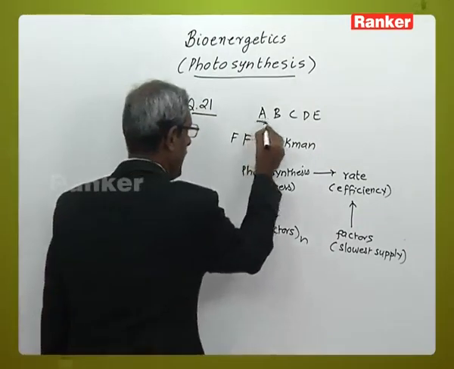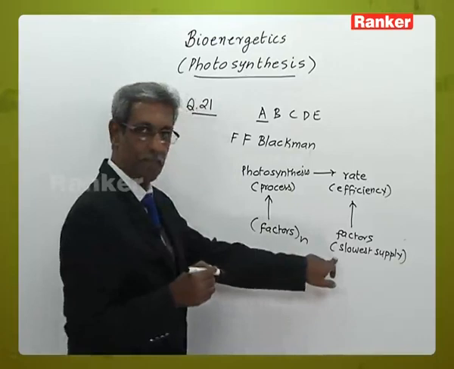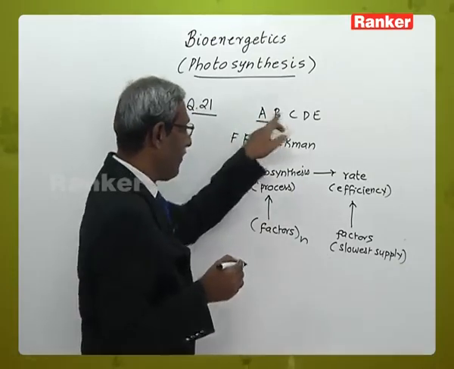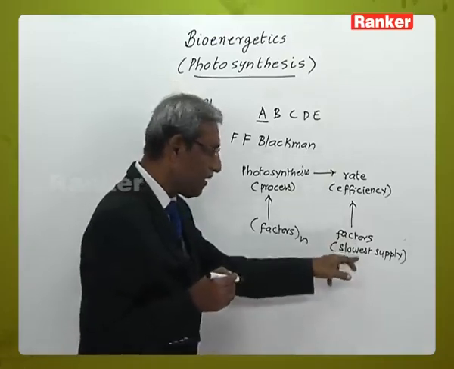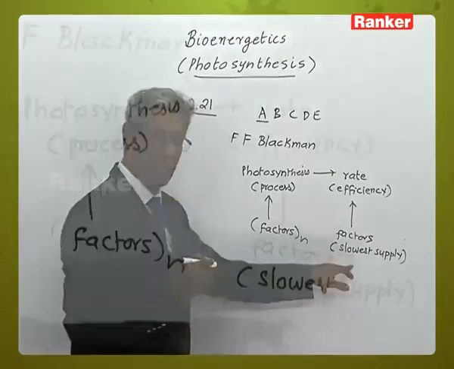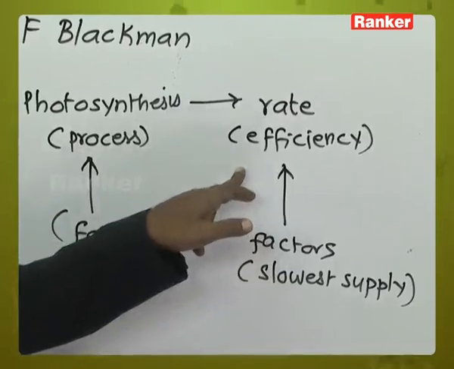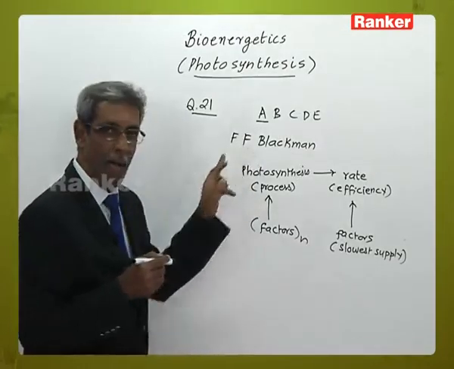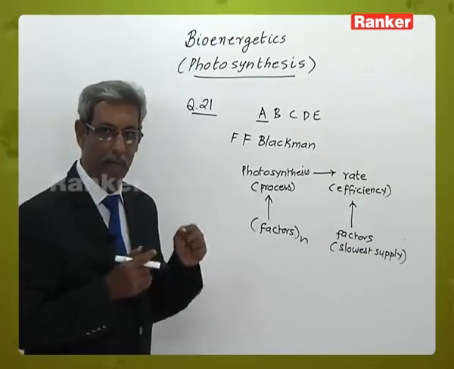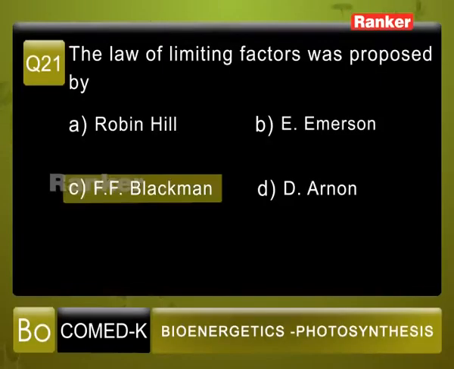So, if one of the factors is the slowest, this in turn will affect the rate or the efficiency of the run. Thereby the factor which is supplied at the slowest will determine the efficiency rate of photosynthesis. This has been studied by Blackman and it is termed as the law of limiting factors. The answer is C.